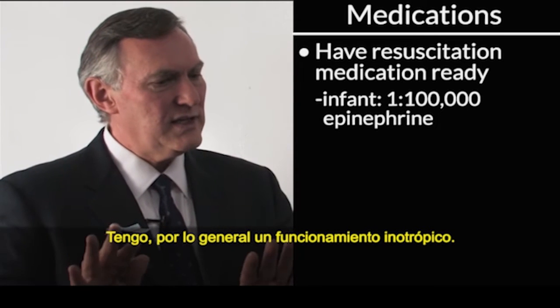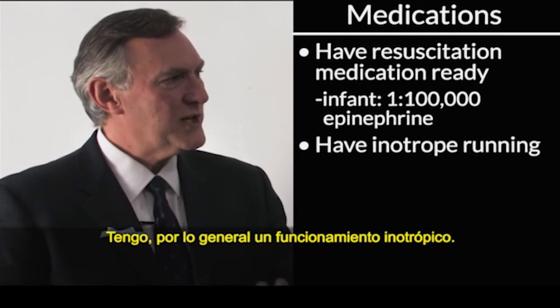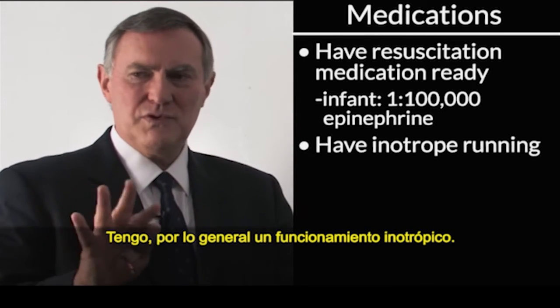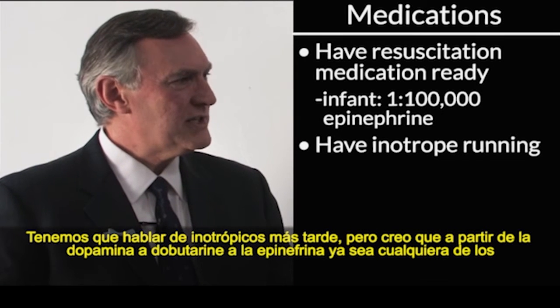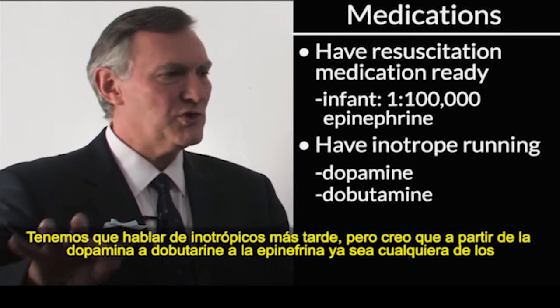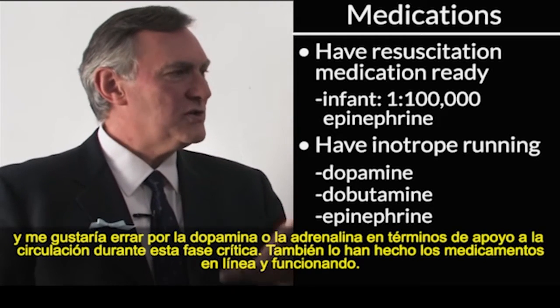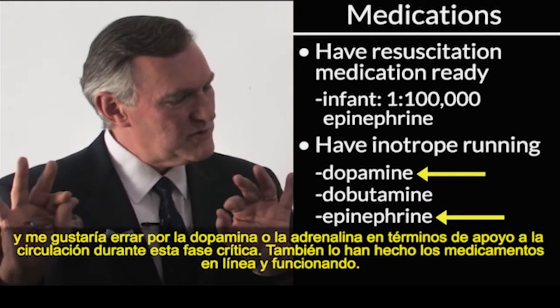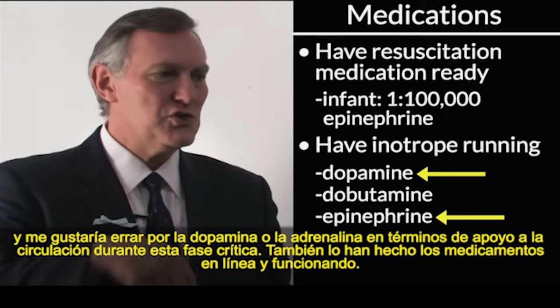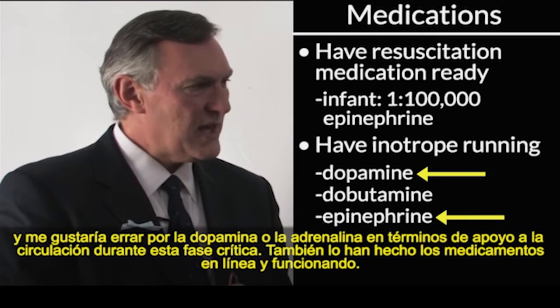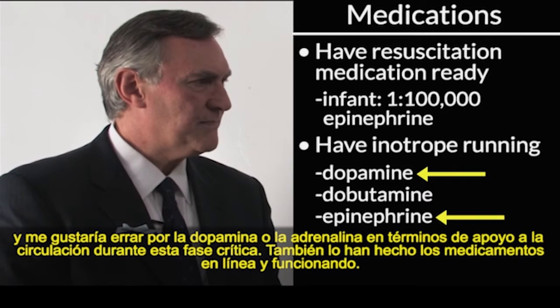I have usually an inotrope running. We'll talk about inotropes later, but I think from dopamine through dobutamine through epinephrine, any of those, and I would err on dopamine or epinephrine in terms of supporting the circulation during this critical phase. So have those drugs in line and running.